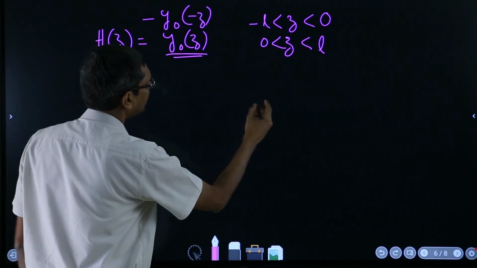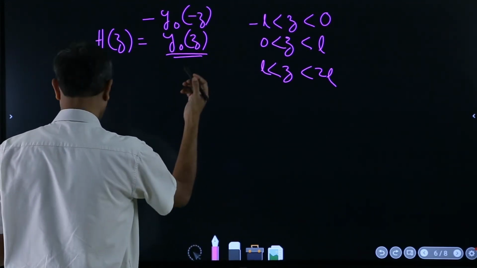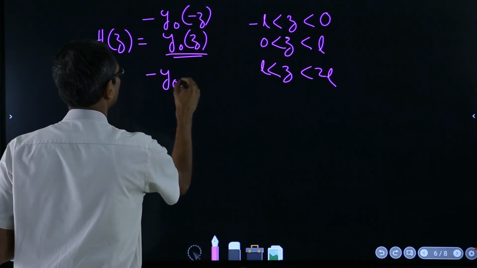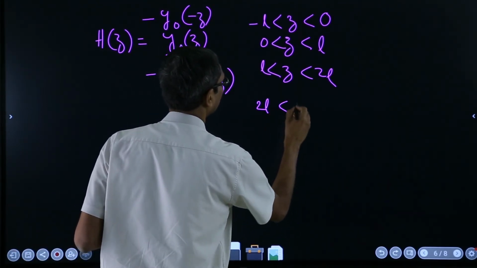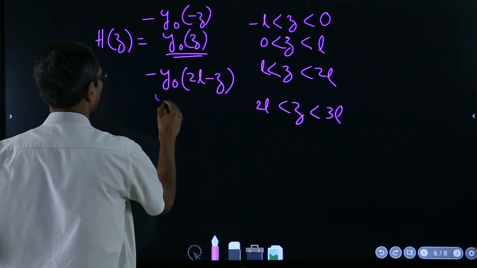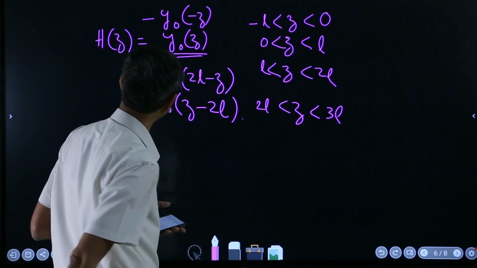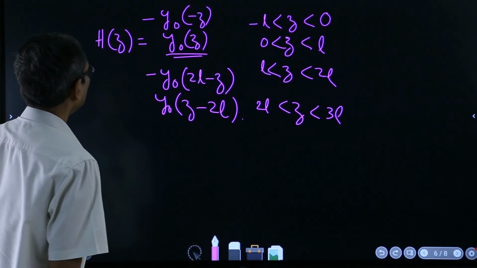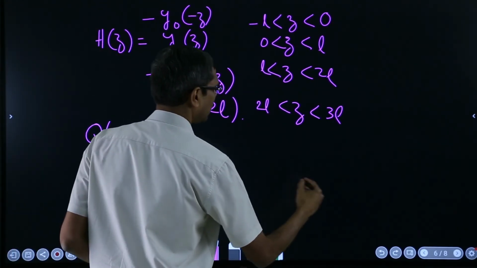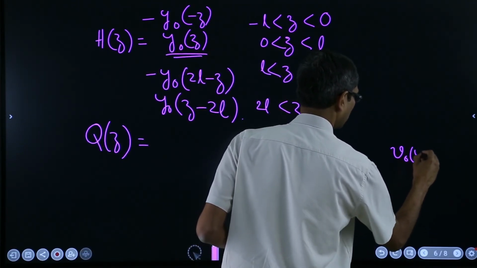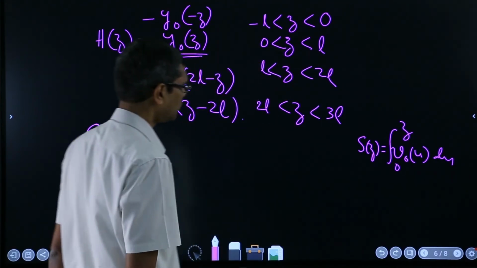And once z is from L to 2L, you get minus this, so y naught of 2L minus z, and for 2L to 3L you get y naught of z minus 2L.